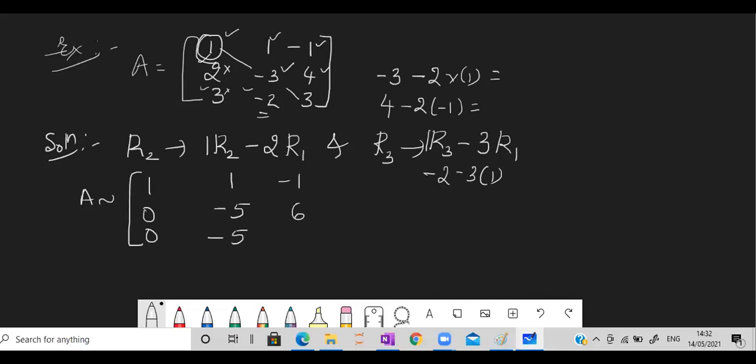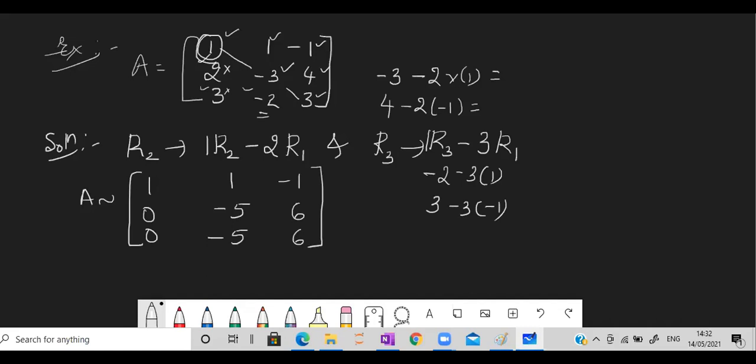Next, for 3, the corresponding R1 element, on top, is -1. So the R3 element is 3 minus 3 into -1, which is 6.